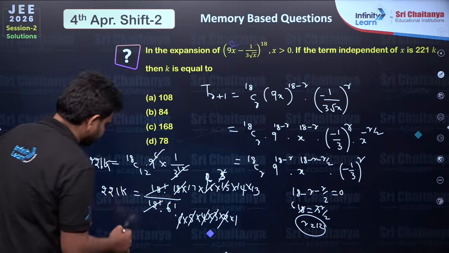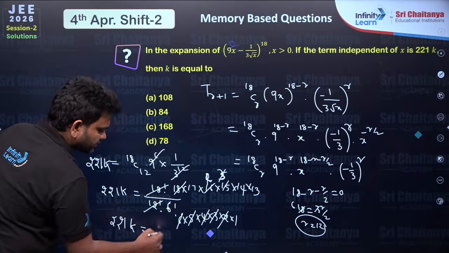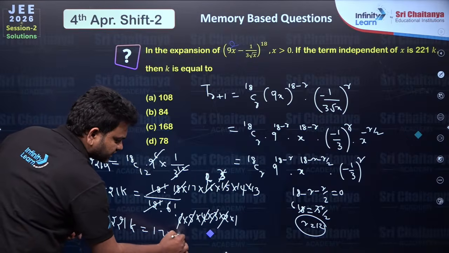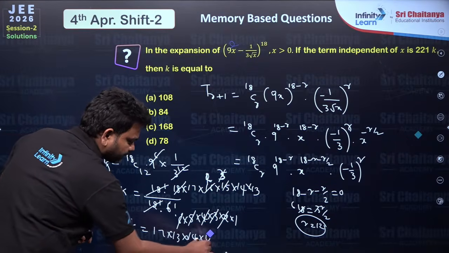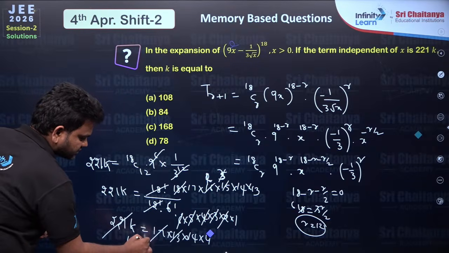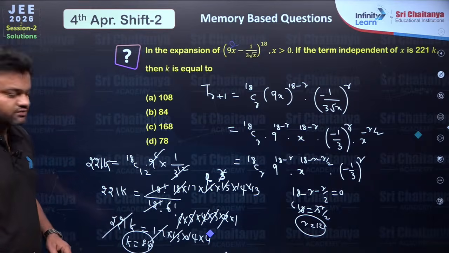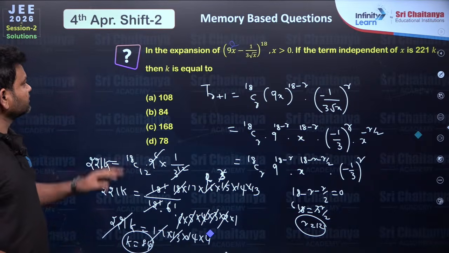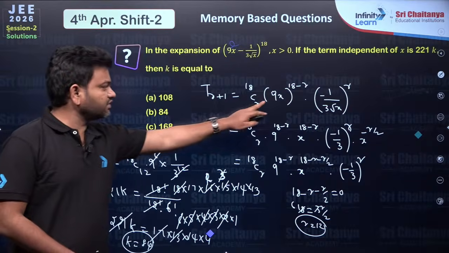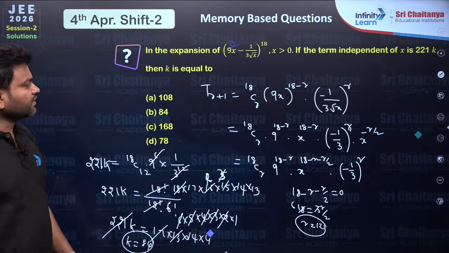Okay, so all I am having here is 221k is equal to 17 into 13 into 14 into 4. So 221 is 17 into 13, which is going to get cancelled, so the k value is 84 at the end, where 14 into 4 is equal to 84. Alright, so here you just need to know about the term independent and you will get your answer.